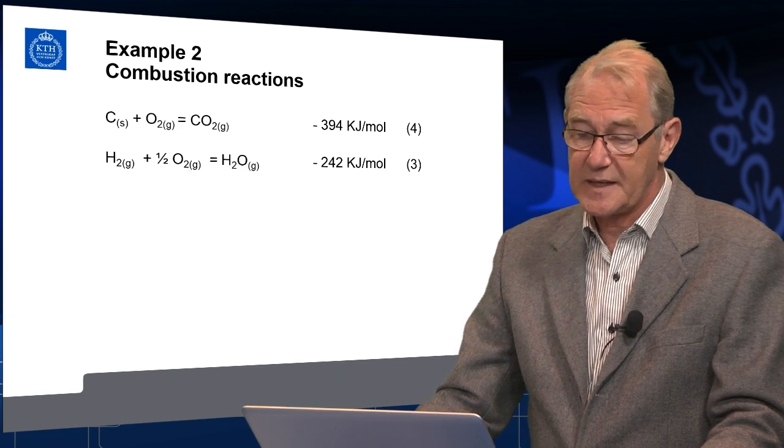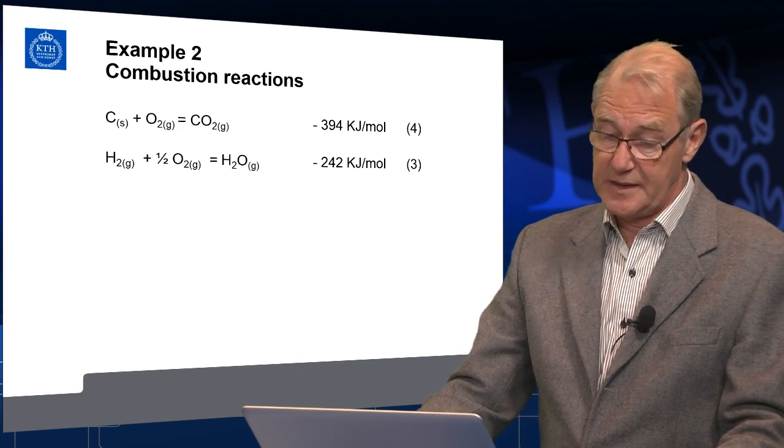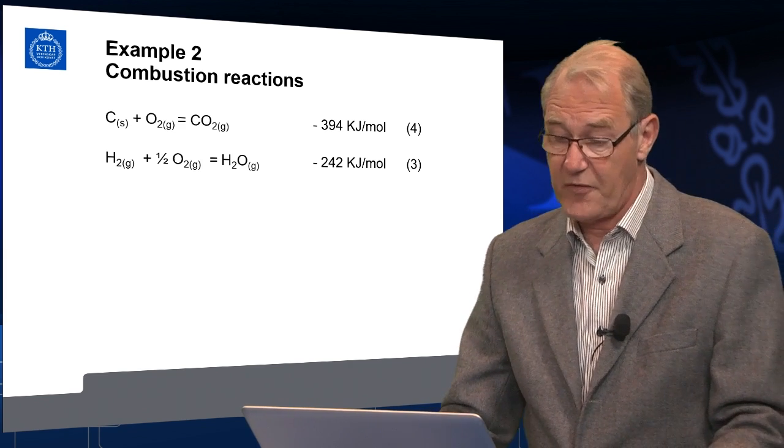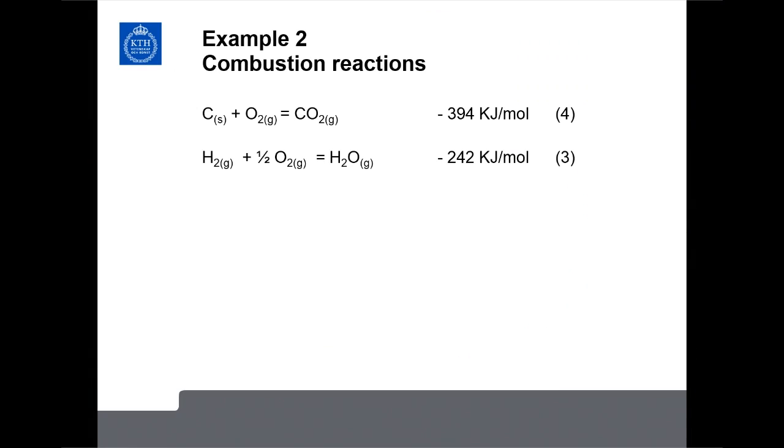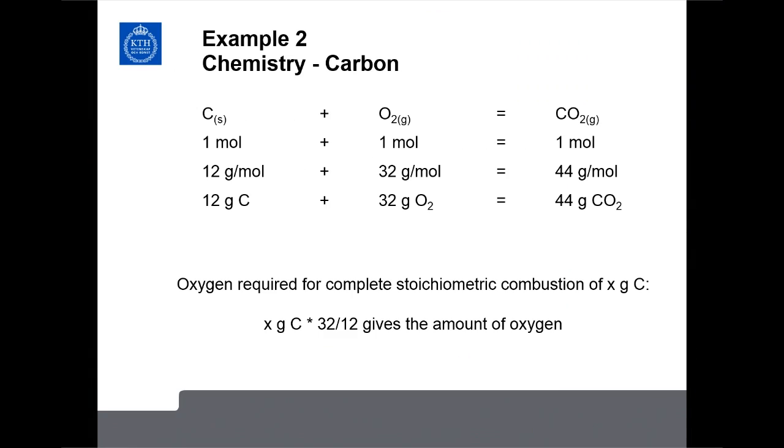The combustion reactions, once more, are the reactions listed here, 4 and 3, which we need in the calculation. We take a closer look at the equation for carbon, which shows that 1 mole of carbon is reacting with 1 mole of oxygen, producing 1 mole of carbon dioxide.